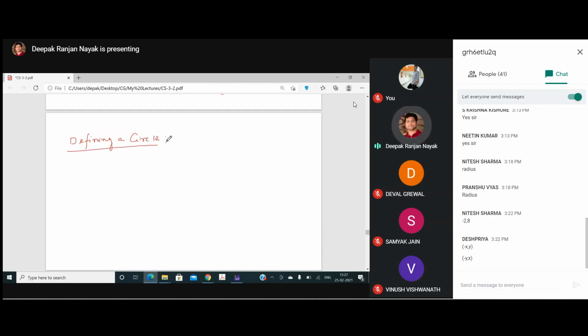There are two standard methods of mathematically defining a circle centered at origin. So two methods. Let us discuss about the first method that you all know. Centered at origin I'm talking about.